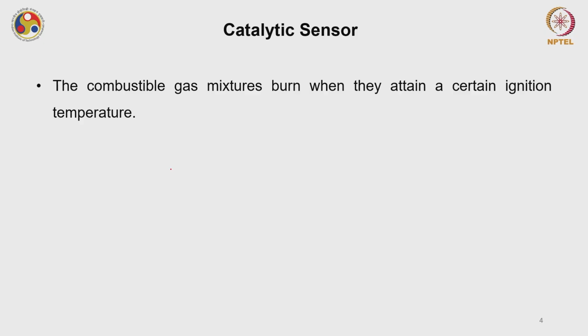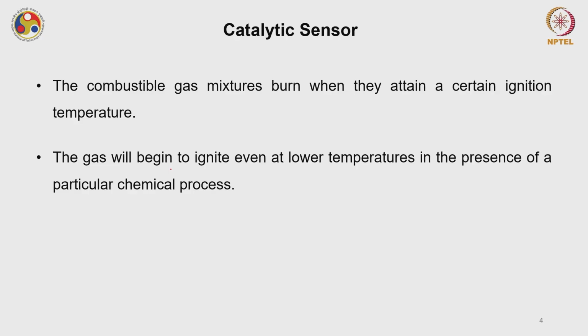We know, be it methane or hydrogen or any other gas. Okay, the gas will begin to ignite even at lower temperature in the presence of a particular chemical process. So you can speed up this process if you are using some catalyst or even under high pressure. Okay, you can have different conditions where this explosion temperature can be brought down.